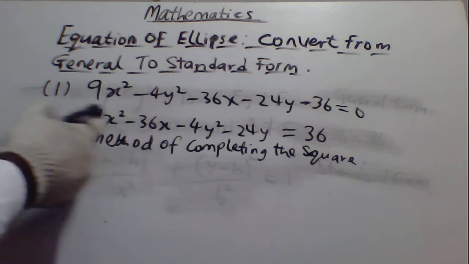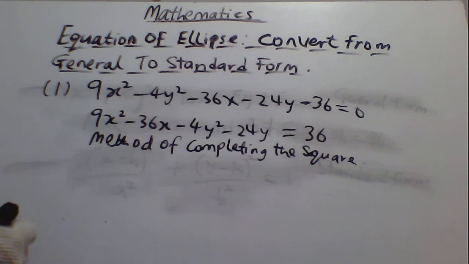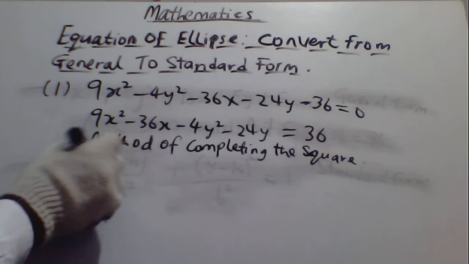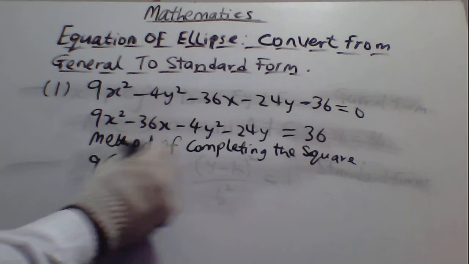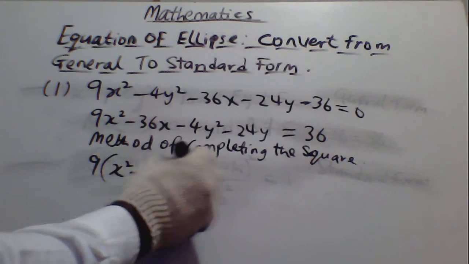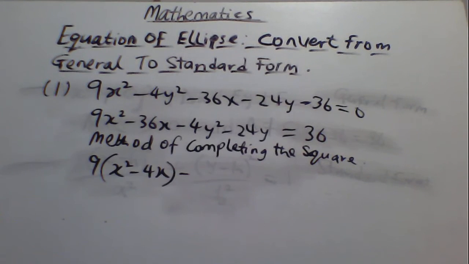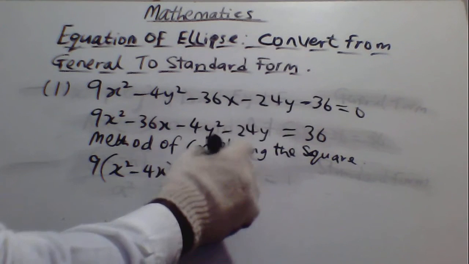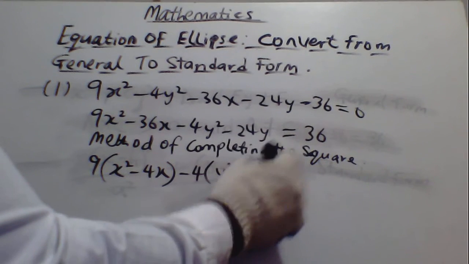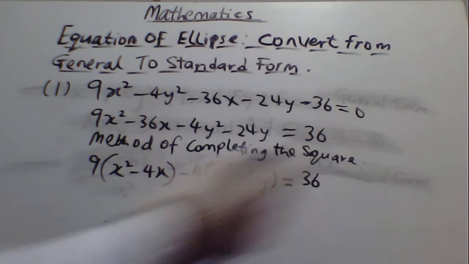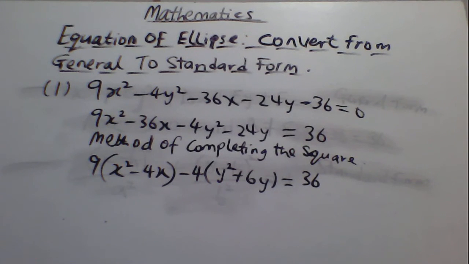The common factor of 9 and 36 is 9, so bring it out: 9 in bracket x squared minus 4x. For the other, the common factor is minus 4, so bring it out: minus 4 in bracket y squared plus 6y, equal to 36.